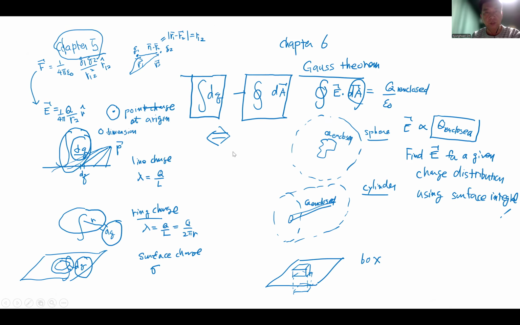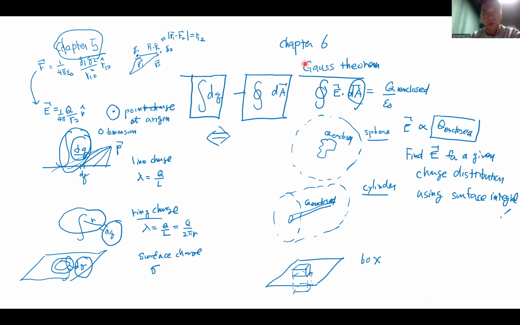I think you now understand the difference between chapter 5 and chapter 6. In chapter 5, you are given some line charges, ring charges, or surface charges, and you do the integral element by element for the given point of interest.